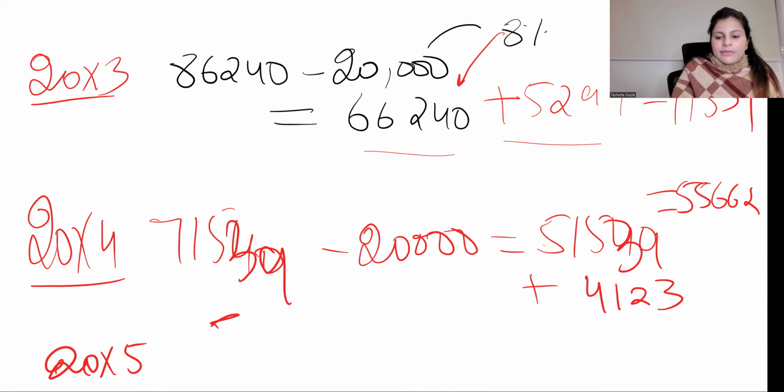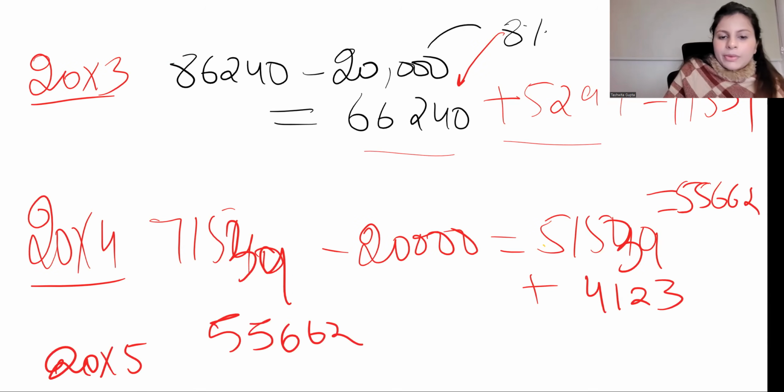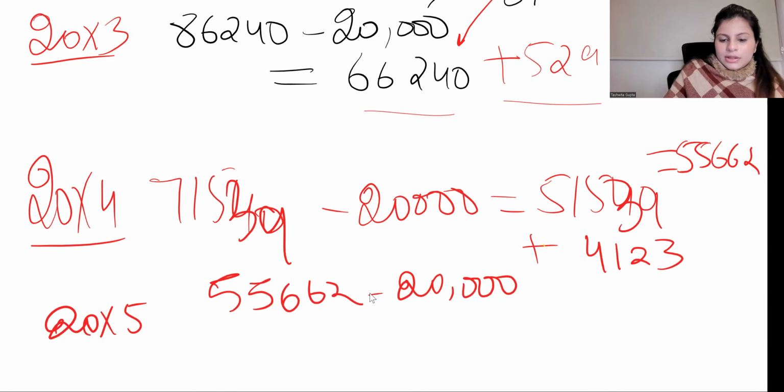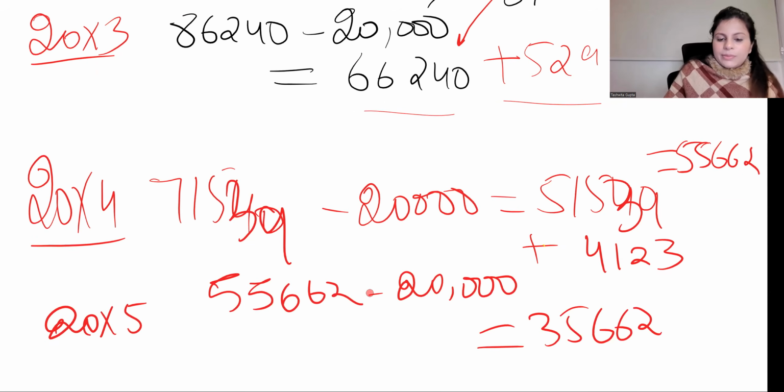Opening would be 55662. You are making the payment of 20,000. So what do you get? 35662.